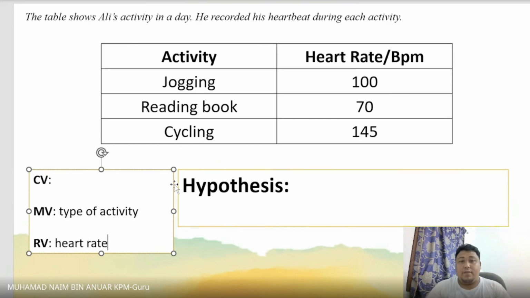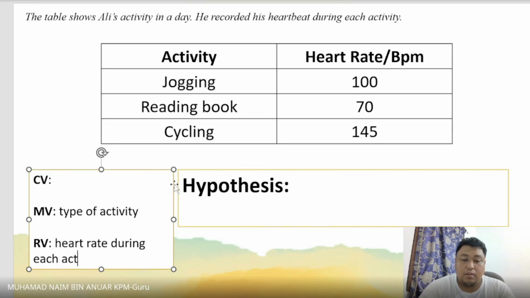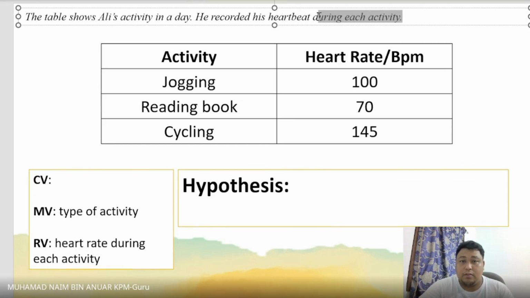That's it. Or you can copy from the top in the question, heart rate during each activity. It's already given in the question. Not heartbeat, heart rate.